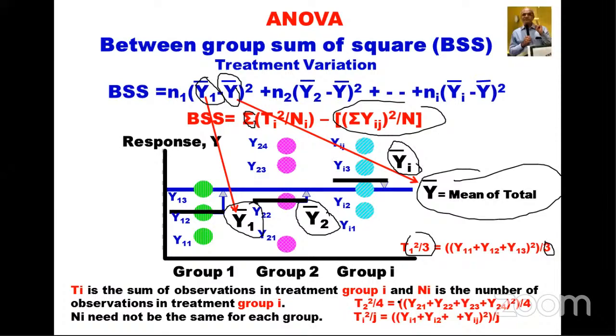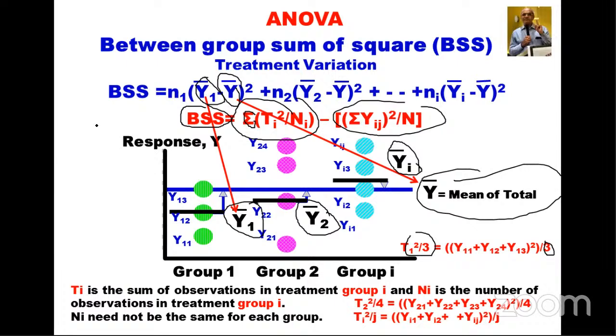So sum of all that: T1 square by N1 plus T2 square by N2 plus T3 square by N3 plus Ti square by Ni, minus again CT, and that is the between group variation. So again, that is difficult to calculate. We'll see it. Just understand it, no need to mug up these things.